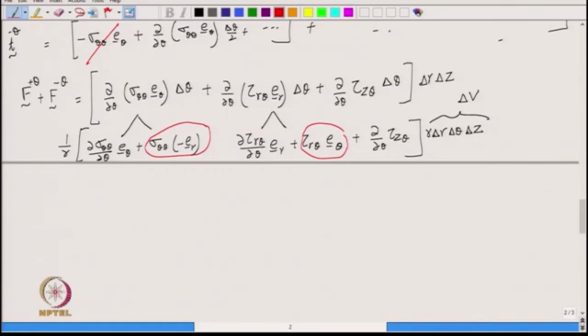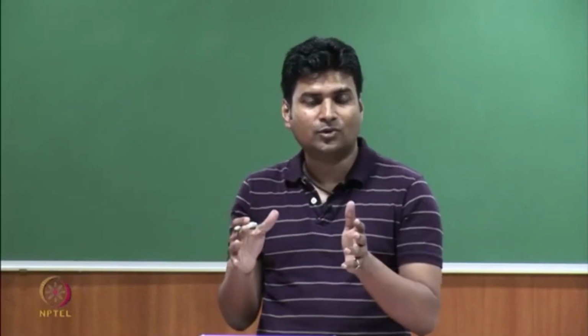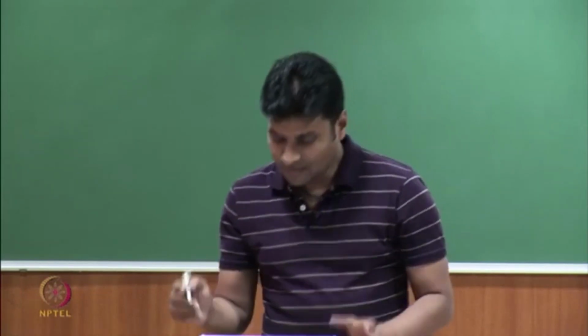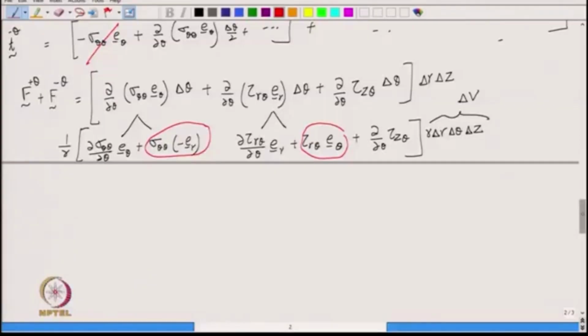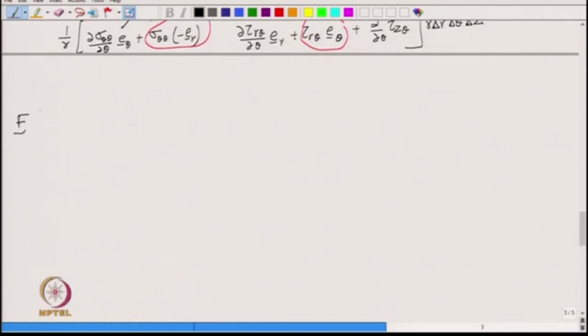All right. So, once we have found out the force due to tractions on all the 6 faces of the cylindrical element, we simply have to add them together and get the total force, is not it? So, let us try to do that. So, the total force due to traction. We first started with the plus z plane and minus z plane, and recall that it had 3 terms, right.